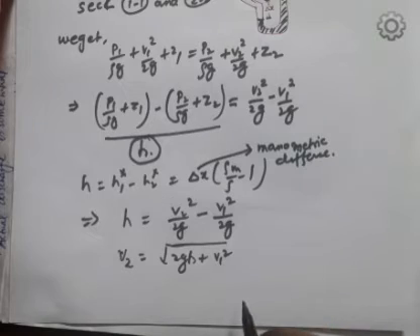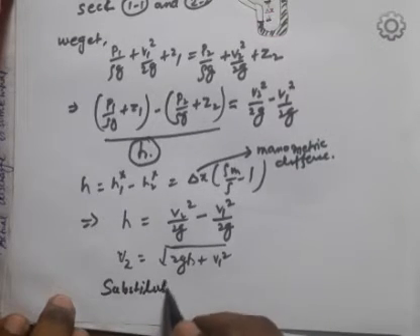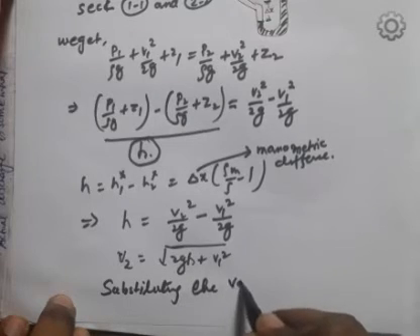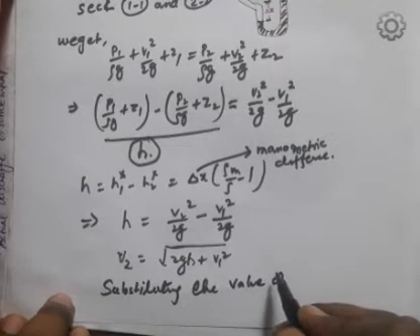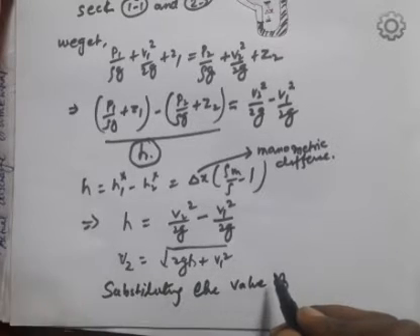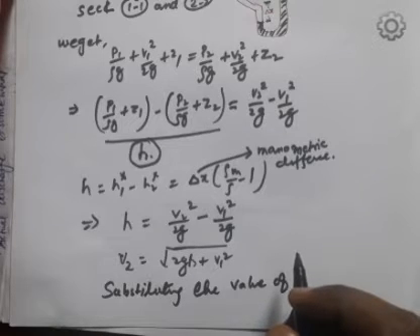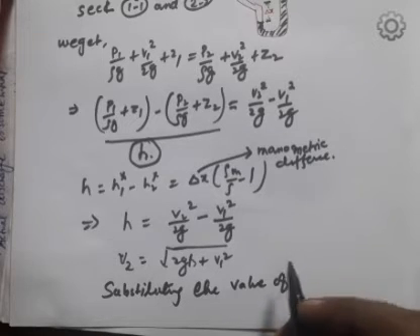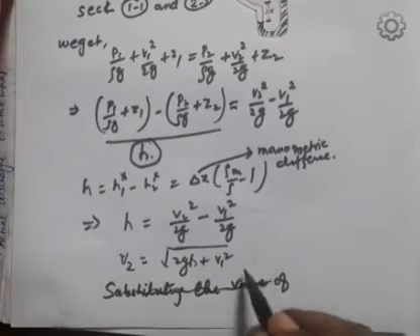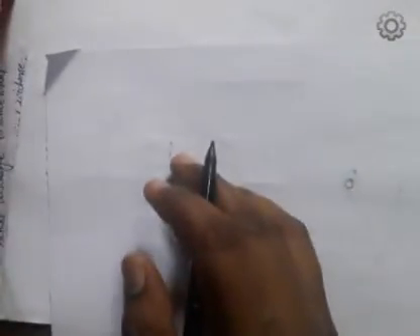Substituting the value of V1, we can get V2. Now we will do it on the next page.